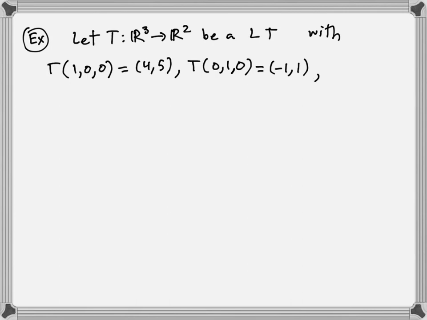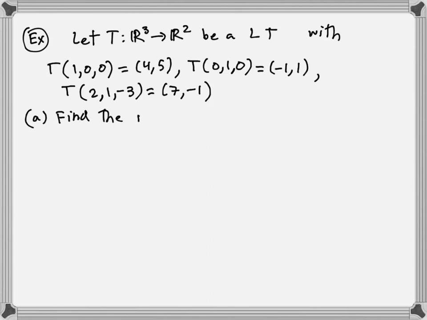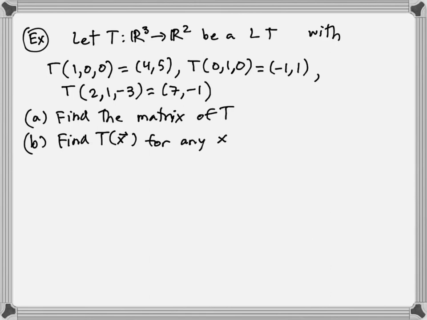And T of (2, 1, -3) equals (7, -1). Part A, find the matrix of T, and part B, find T of X for any X in R3.